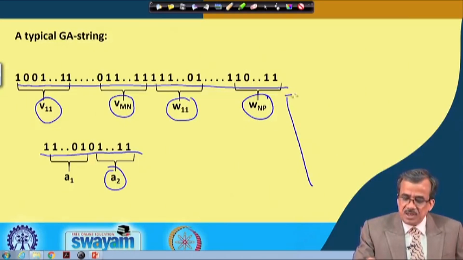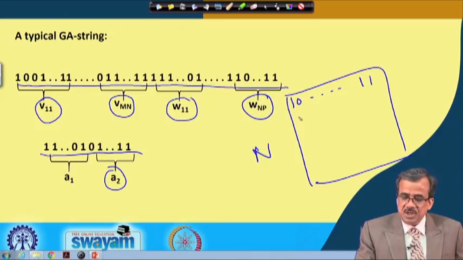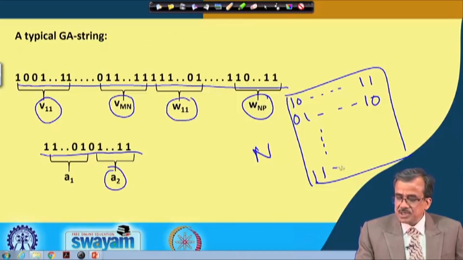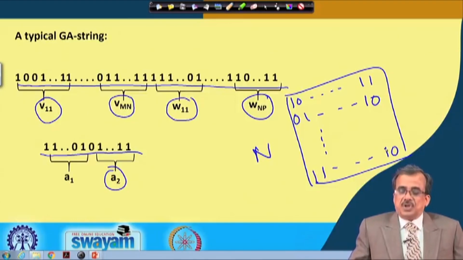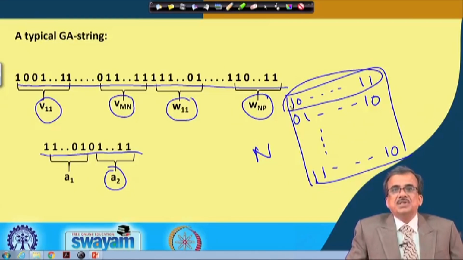If this is the population of GA strings, the first GA string could be something like this, the second one something like this, and the nth one something like this. Each of these GA strings is going to carry information of this particular network.